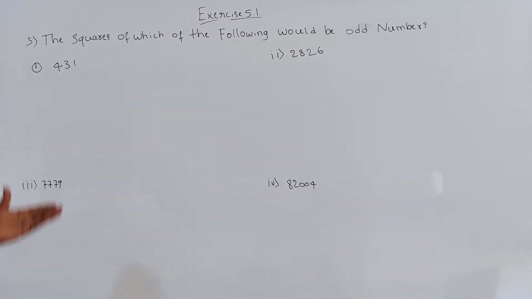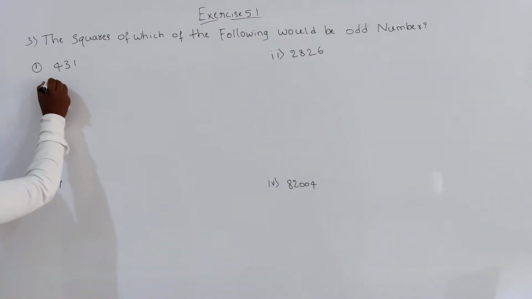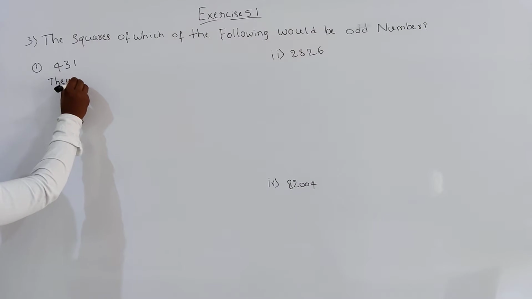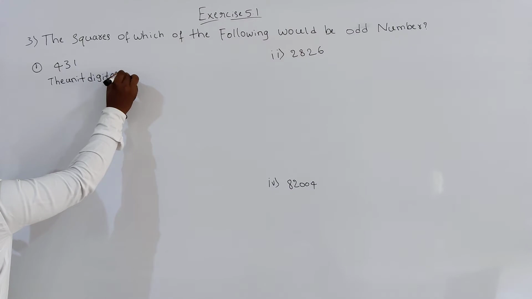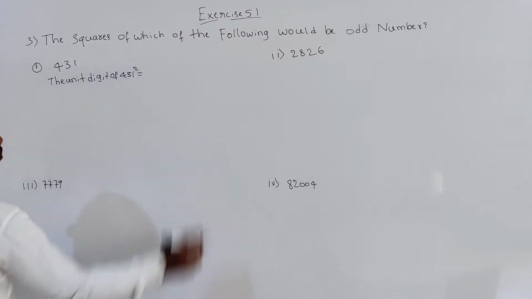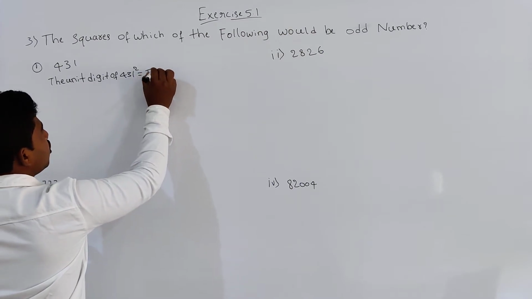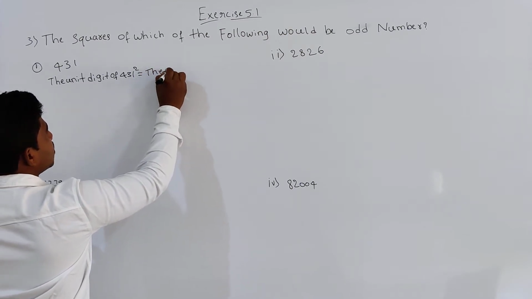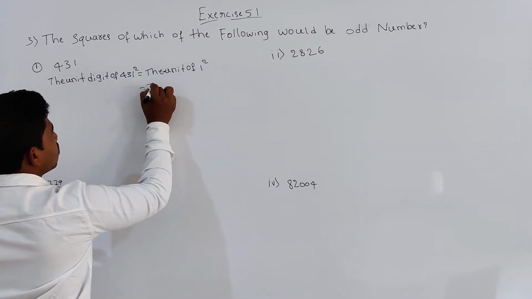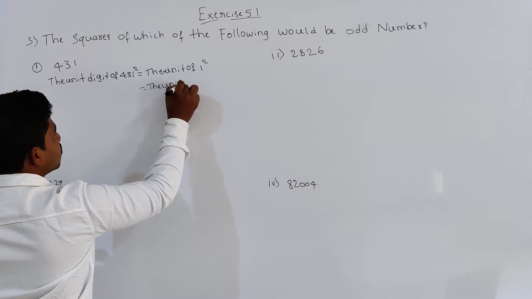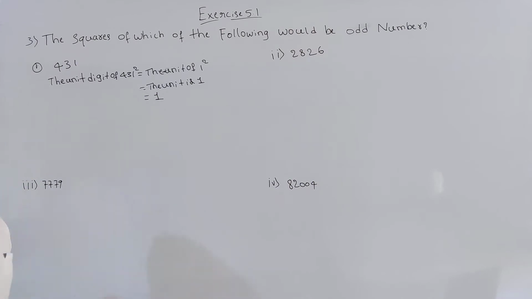Looking at problem 1, the unit digit of 431 square is the unit digit of 1 square, so you will get the unit digit 1.